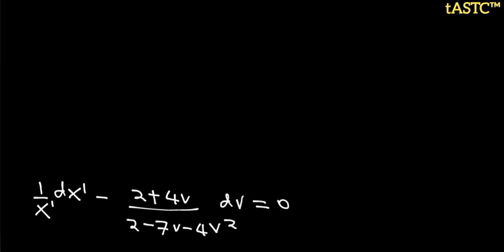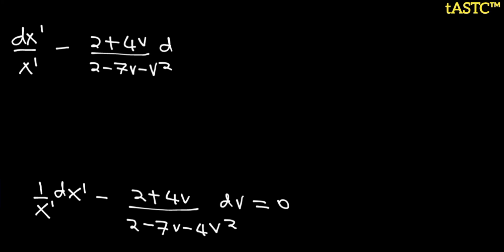So this is what we have. We have dx prime divided by x prime minus 2 plus 4v divided by 2 minus 7v minus v squared dv, and that is equal to 0.